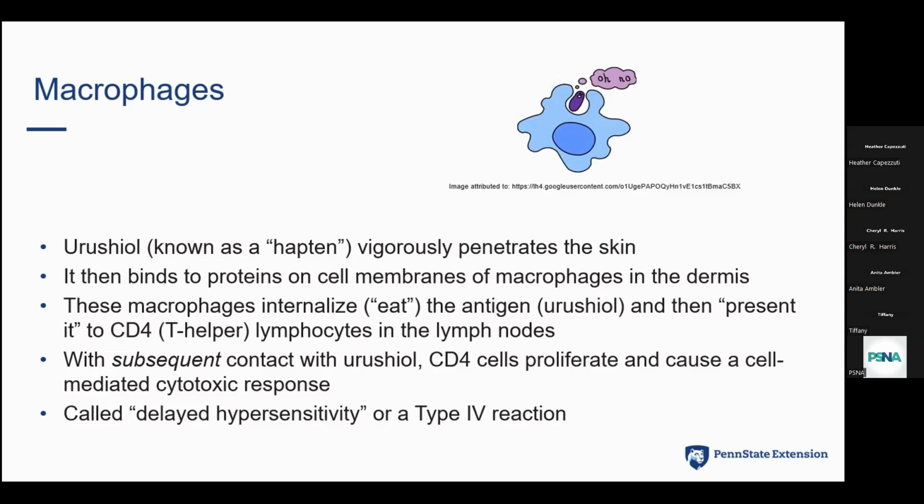Now, I told you that 10 to 15% of our population does not react to poison ivy, although I've heard anecdotes of people who for 30 years have not reacted, and then all of a sudden get a poison ivy reaction.